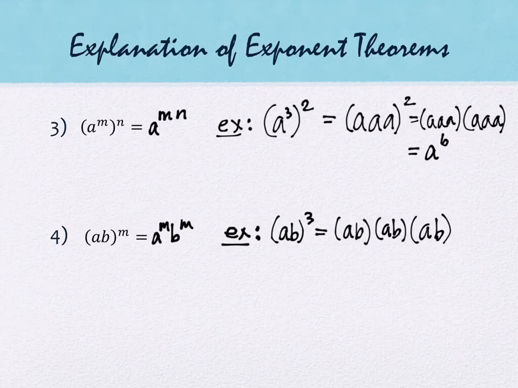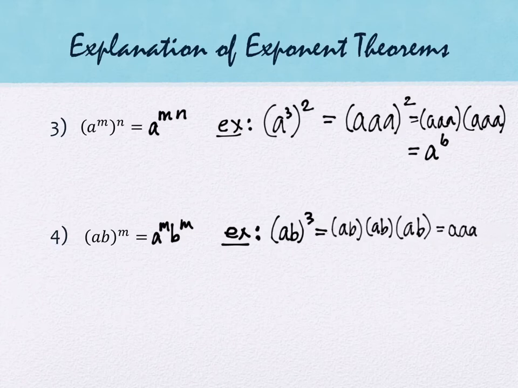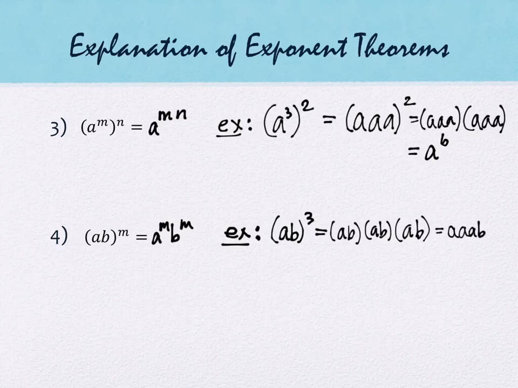That's to turn the objects around, like a times b is b times a, and to regroup things. So we can move things around and regroup them more conveniently to have all the a's together, and then all the b's together. So all the a's together, there's 3 a's, would be a cubed. And all the b's together would be b cubed. Right, and you see that 3 distributing to each of the a and the b individually.